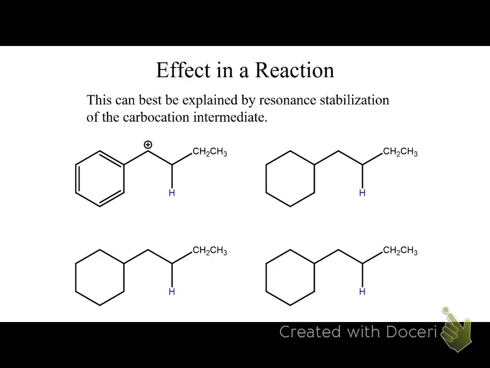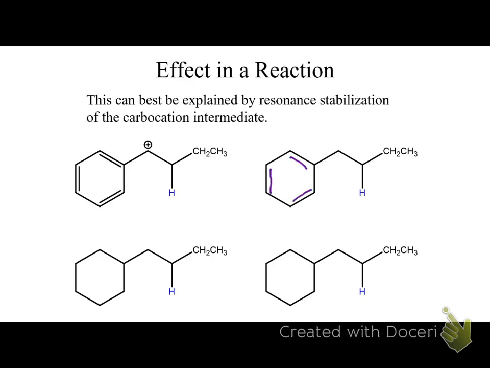If you had a tertiary carbocation, that would have been more stable. A secondary carbocation is more stable than a primary carbocation, that kind of thing. Well, in this instance, there's this carbocation that you form, and that carbocation, I'm not going to draw all the resonance structures, but I drew them there so you could start them anyways.